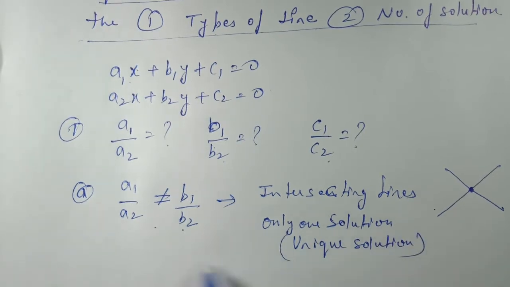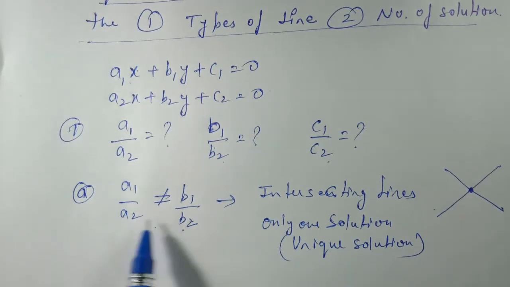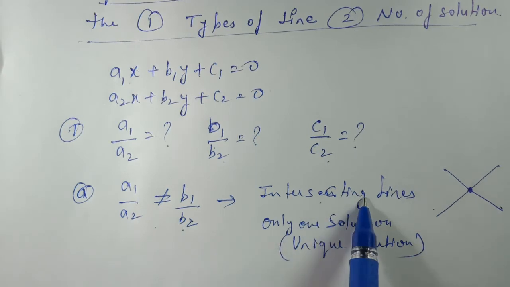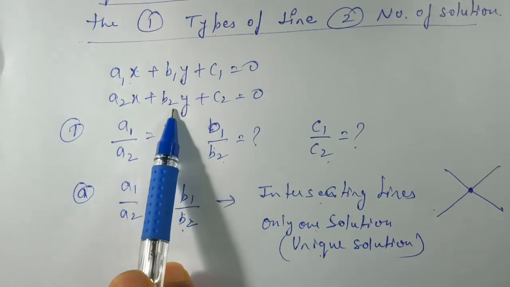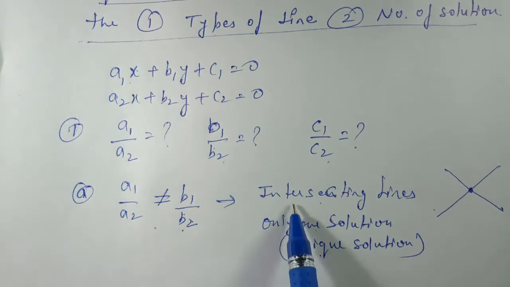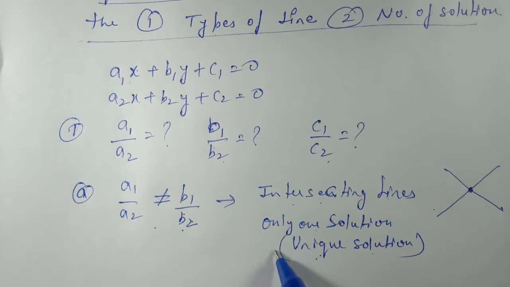So if the first two ratios are not equal, we say the given pair of linear equations forms intersecting lines and has a unique solution. Unique means only one solution. You have to remember this word.